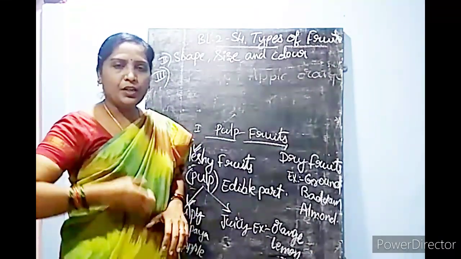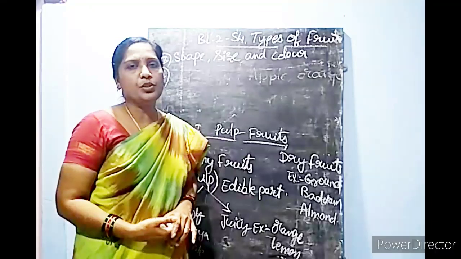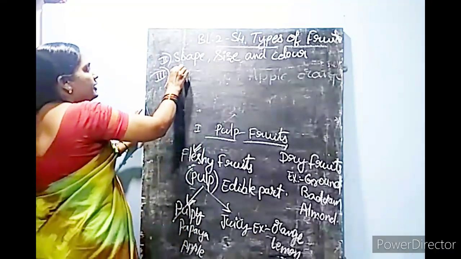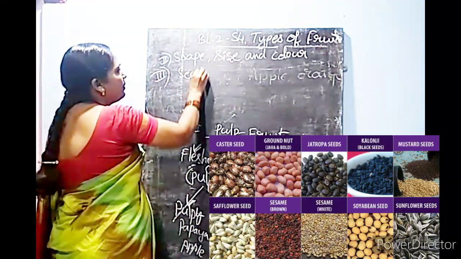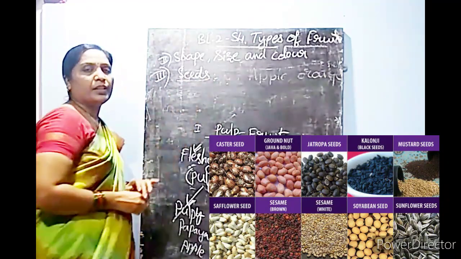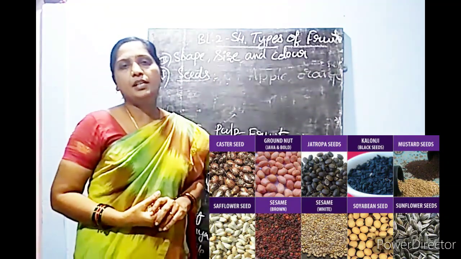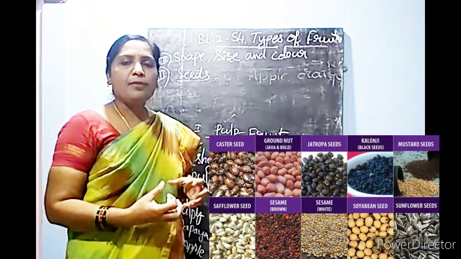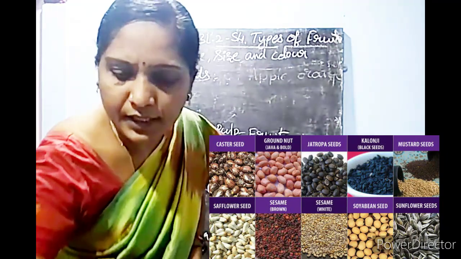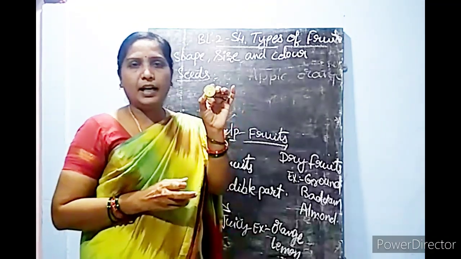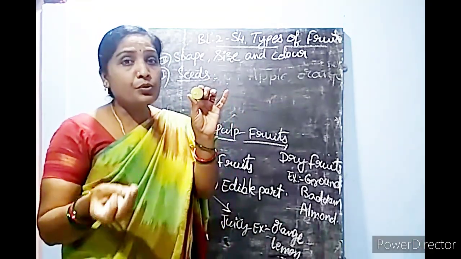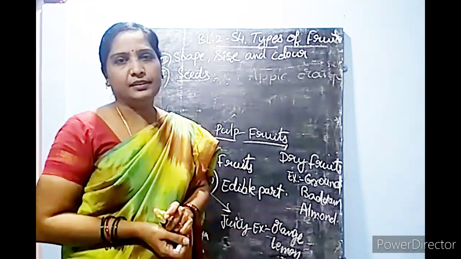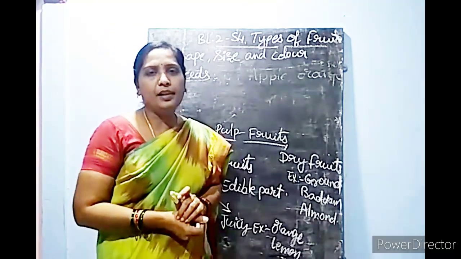Yes. We can even classify the fruits based on the seeds. Based on the number of seeds, we can classify the fruits. Some fruits, as we just saw, the lemon will have few seeds inside. What about the apple?